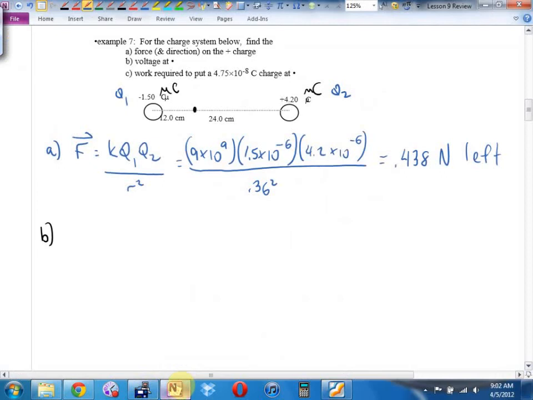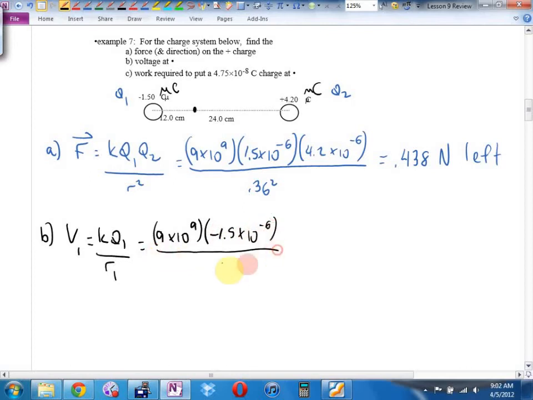My strategy is going to be find the voltage from charge 1, which is K Q1 over R1. 9 times 10 to the 9th. Trevor, am I going to put a negative in this time? Yeah. Negative 1.5 times 10 to the negative 6 divided by, and R1 is 0.12.